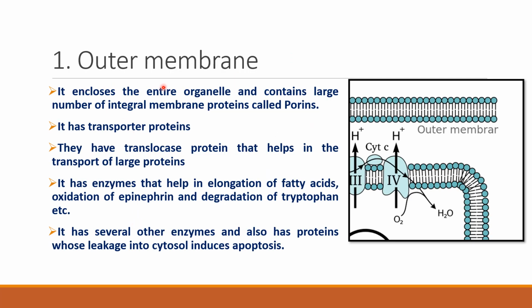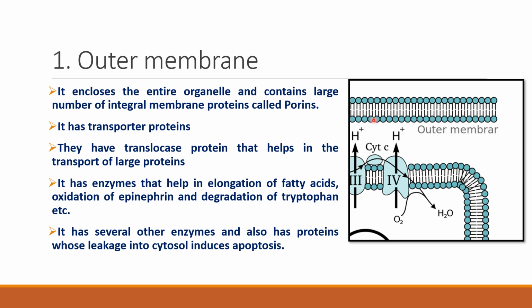First, let us know about the outer membrane. This is the outer membrane that encloses the organelle, and it contains a large number of integral proteins. As we have seen previously, these proteins are called porins, and they are transport proteins.